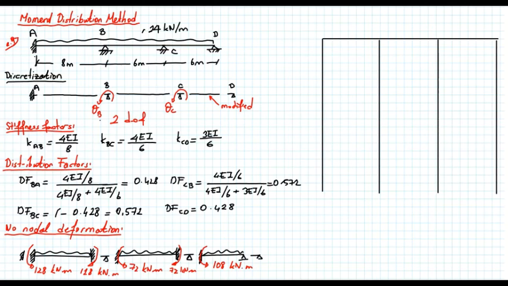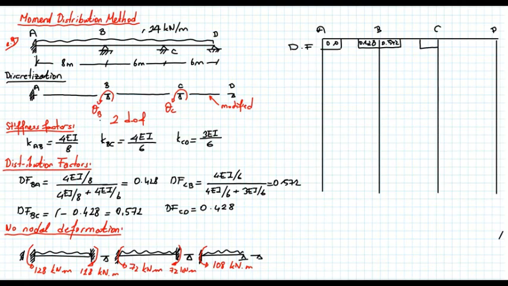This is point A, point B, point C, and point D. Now let's write the distribution factors first. This is fixed support, 0. Distribution factor BA is equal to 0.428. Now distribution factor BC is 0.572.